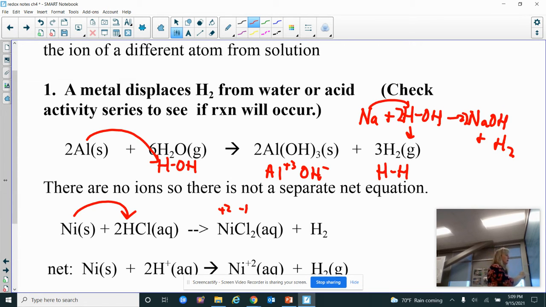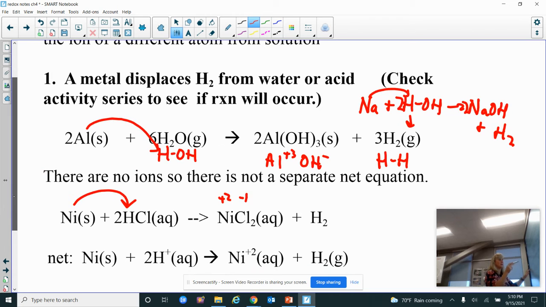Okay, so metals in acid kick out the hydrogen and combine with whatever the anion is of the acid. The product's always H2 plus the metal with the anion. In water, it kicks out one hydrogen, steals the OH. You always get a hydroxide and H2. So in both cases, you're getting H2 formed, and then the metal combines with whatever the other ion is.